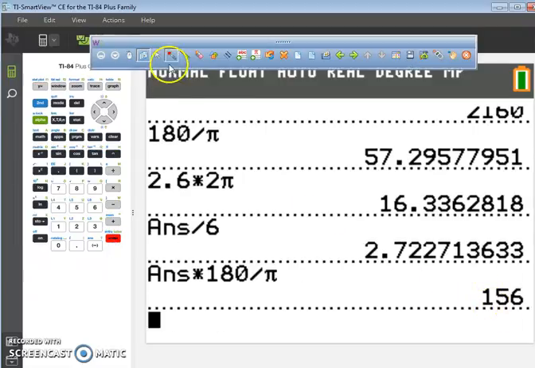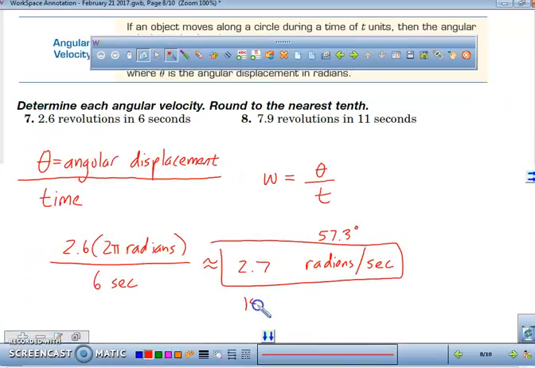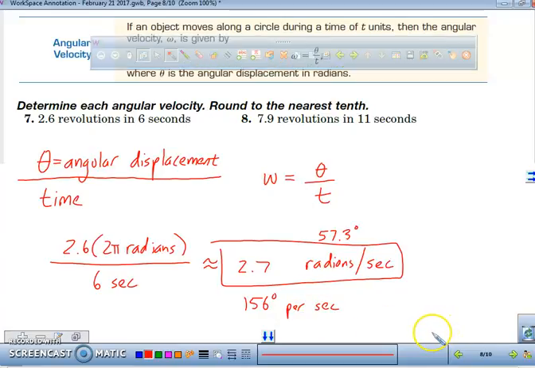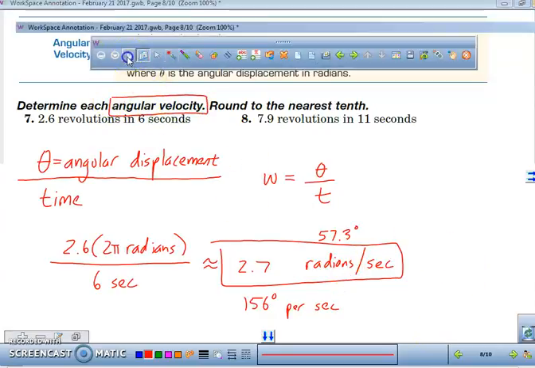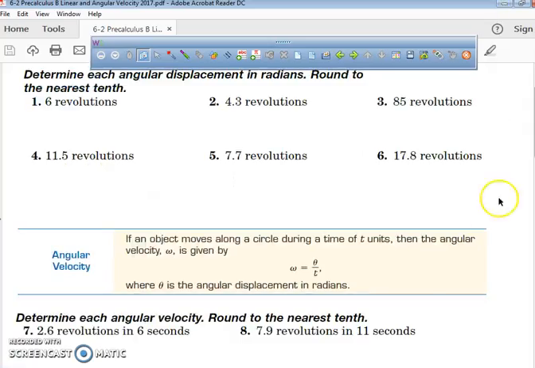And that lets me know if I wanted to convert this to degrees per second, that would be 156 degrees traveling every single second. Right? But all of your answers are going to be in radians per second for angular velocity. Okay? So that's pretty easy.